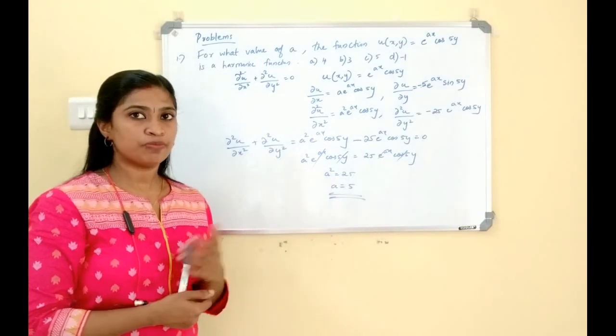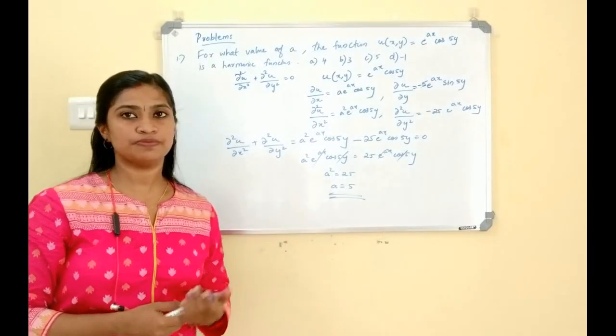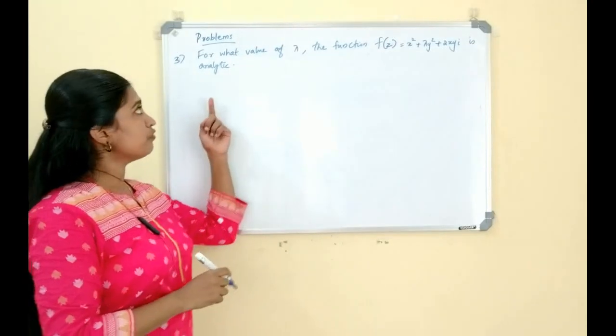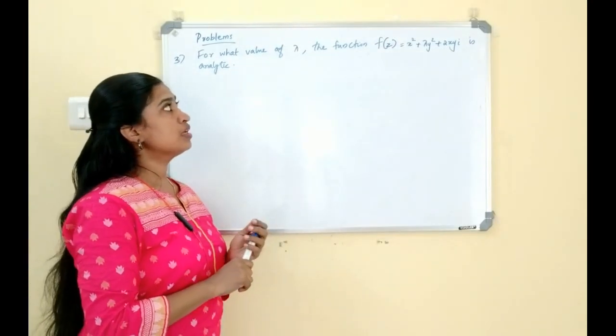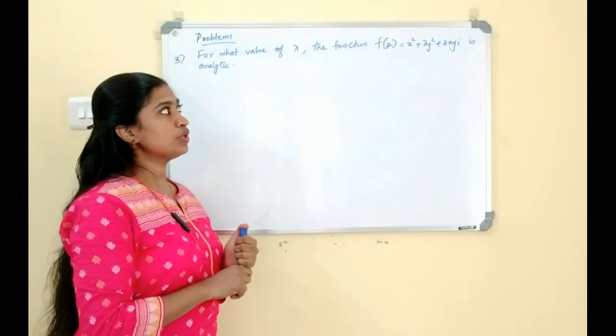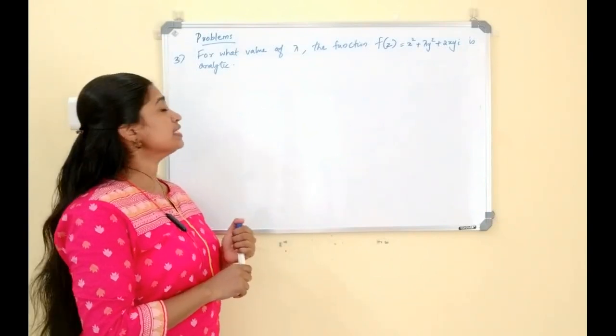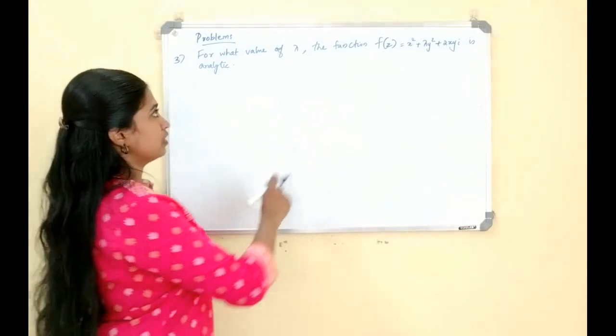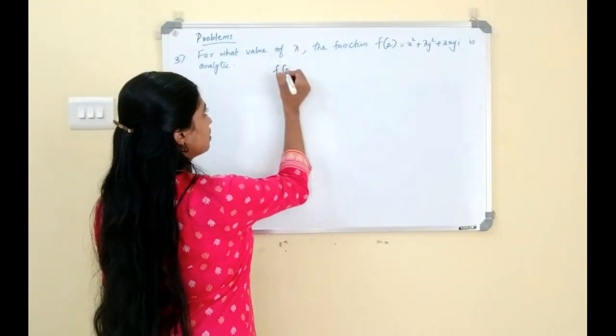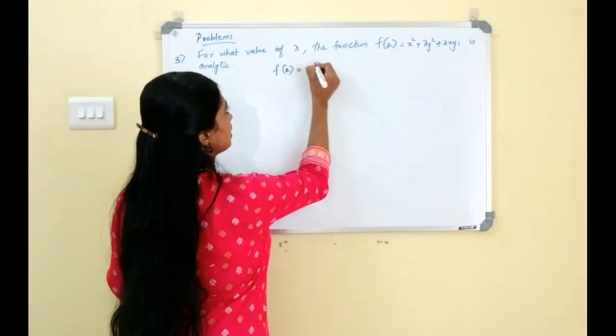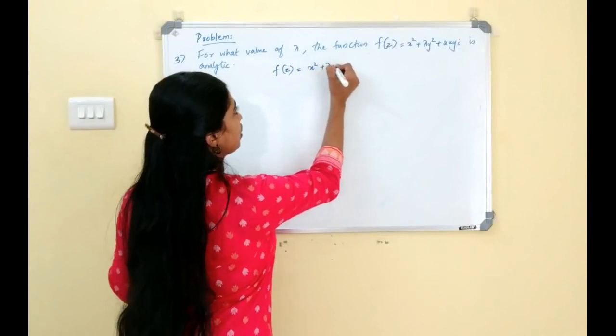Now we can do some problems from analytic functions. This is the first question. For what values of lambda is the function f of z equal to x square plus lambda y square plus 2xyi analytic? If the function f of z is analytic, then it satisfies Cauchy Riemann equation.